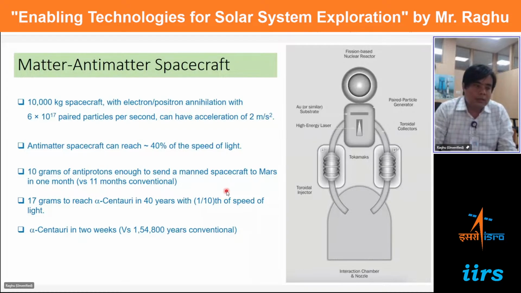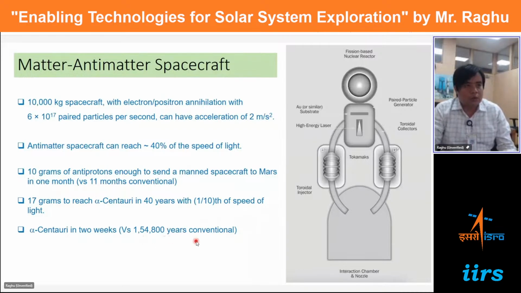Otherwise, conventional rockets with present propulsion systems will take around 11 months. So 11 months can be reduced to 1 month. Moreover, our nearest star, Alpha Centauri, which I told you is beyond our solar system, we can reach in 40 years. That means within our human lifetime. Otherwise, it would take around 154,000 years, which is not possible for us to travel.